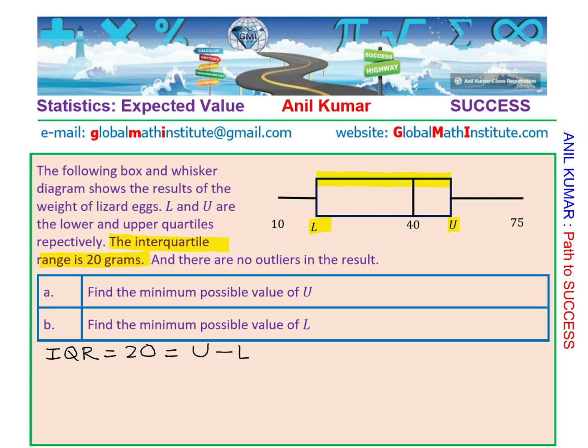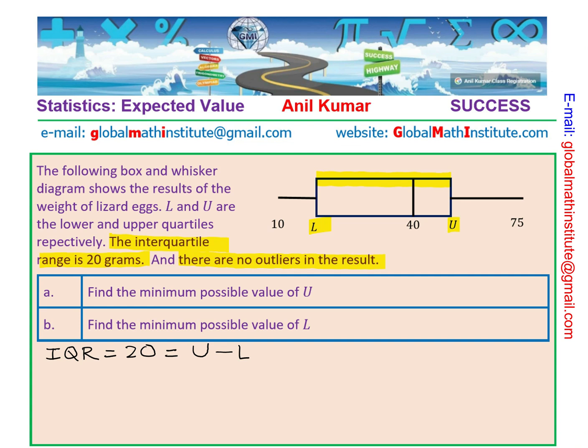Now, the other condition given to us is that there are no outliers in the result. Now, some of the students might know how the limit of outlier is decided.